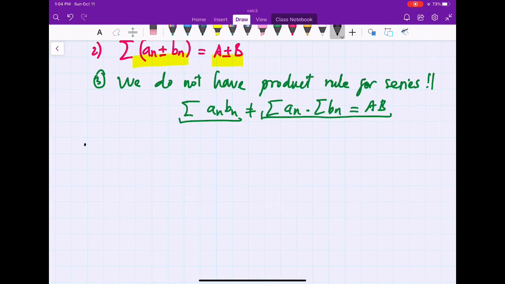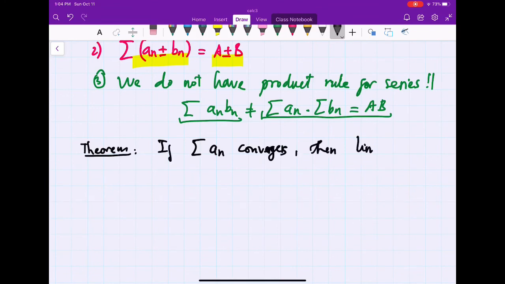Okay, the following is a very useful criterion to determine if a series diverges. Sometimes this works. So if the sum of an converges, then the limit of an is equal to 0.